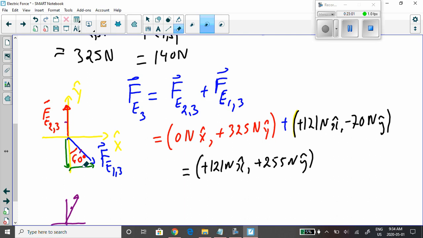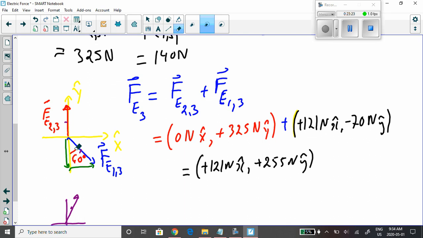Next, the electric force from charge Q1 onto charge Q3 is along that hypotenuse I asked you to calculate. If you go back and look at what we had before, I showed you a calculation that showed that this was 60 degrees in here.